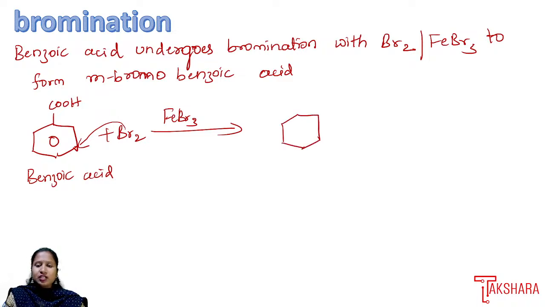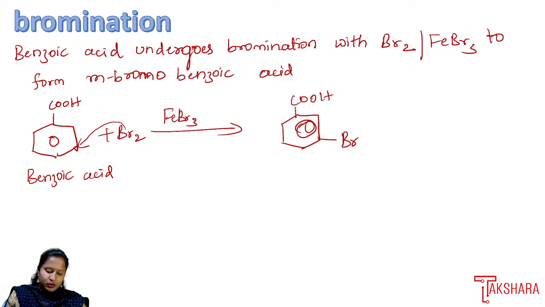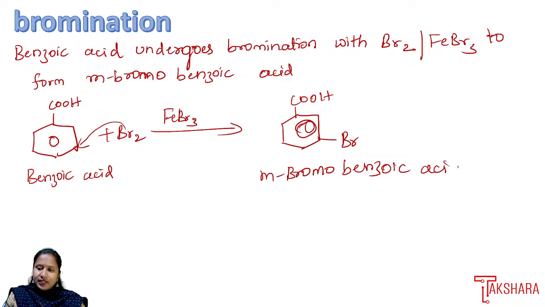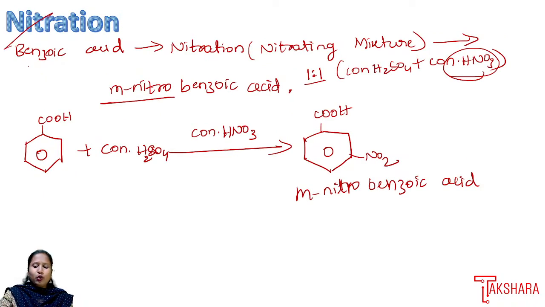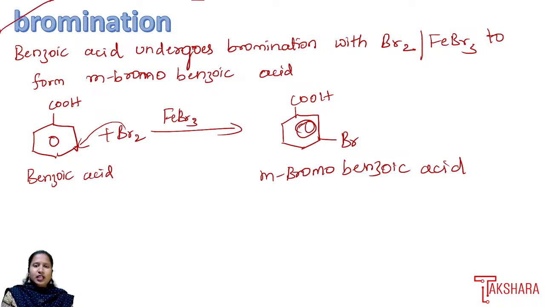Electrophilic substitution reaction will take place. COOH, and here Br is going to be attached, which is called meta-bromobenzoic acid. So this is the bromination reaction. Maybe they'll ask these nitration and bromination reactions for 2 marks.